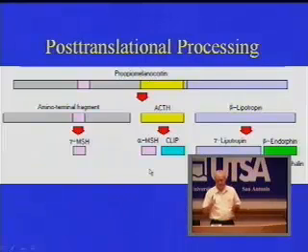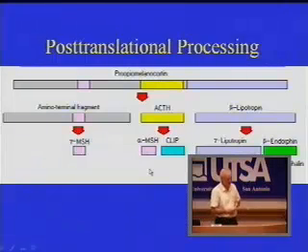We saw that not only did we have cleavage as an example of post-translational processing for vasopressin and oxytocin, there was also disulfide bond linkage. There was glycosylation, so there were conformational changes due to the disulfide linkages.